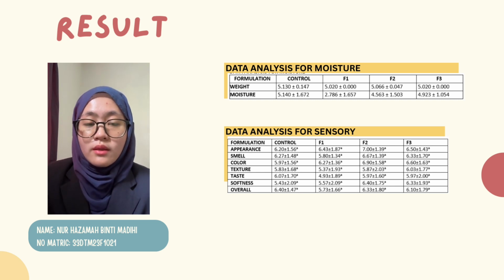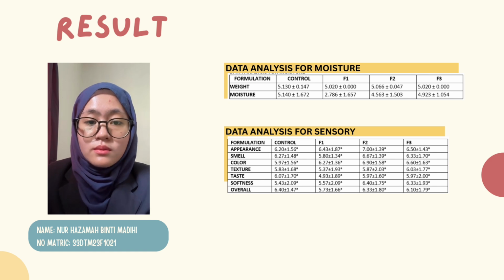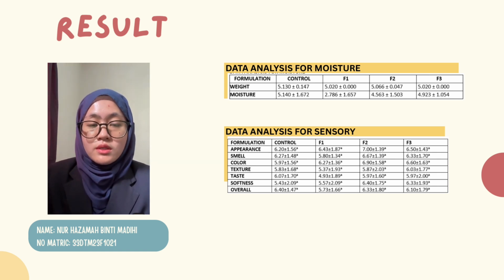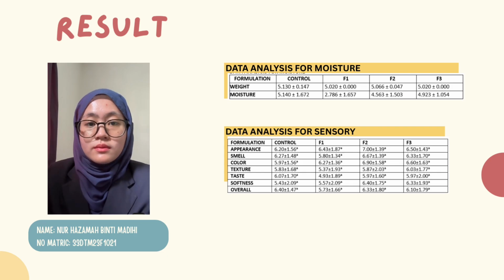This shows that consumers prefer soft cookies that had a soft texture and a natural sweetness from the dates. Overall, the substitution of date syrup improves the texture and sensory quality of the SWEETMELT date soft cookies.